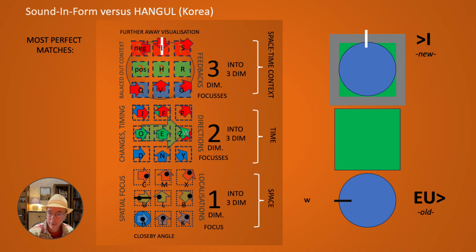What we will see immediately is that in my system you have three kinds of focus. You have the focus in space, the one in timing, and the one in a contextual base. This contextual base is like the general theory, the general rule. Let's figure out how things are used in a general context. It's a different way of thinking compared to the local, direct things that are there, and the things that are changing, or things that are there all the time, or are related to a perfect theory.